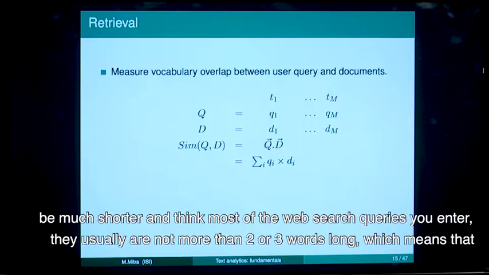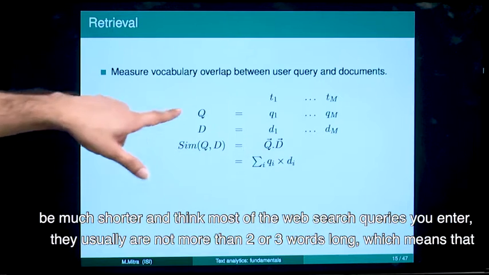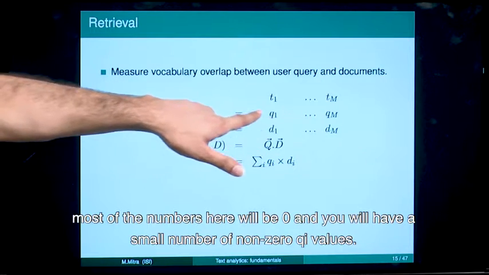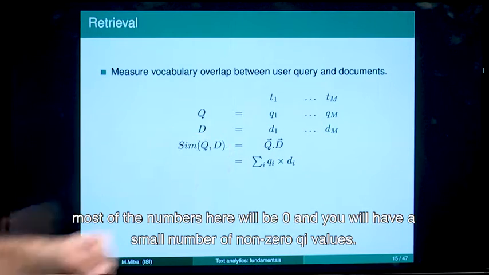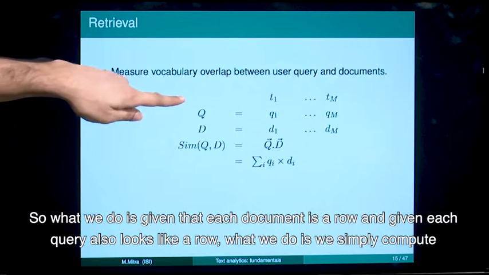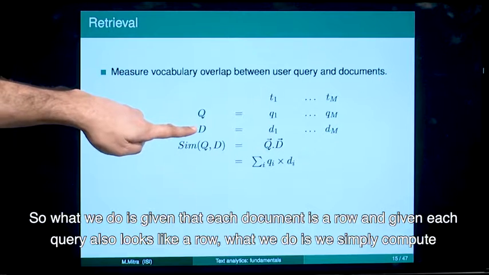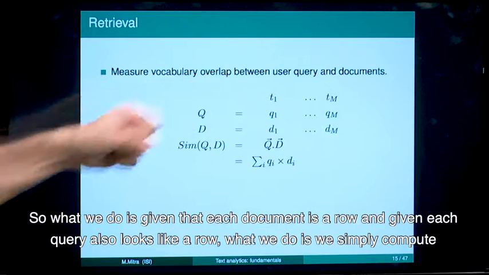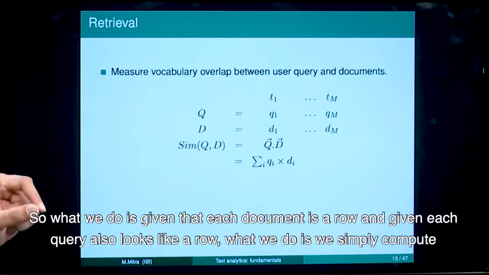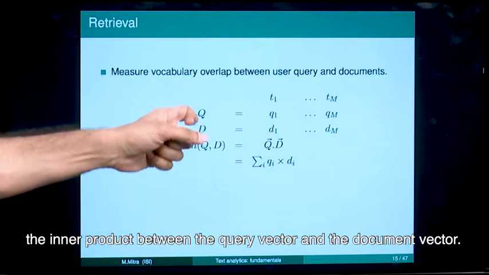Think of most of the web search queries you enter, they are usually not more than 2 or 3 words long, which means that most of the numbers here will be 0 and you will have a small number of non-zero Qi values. So, given that each document is a row and each query also looks like a row, we simply compute the inner product between the query vector and the document vector.